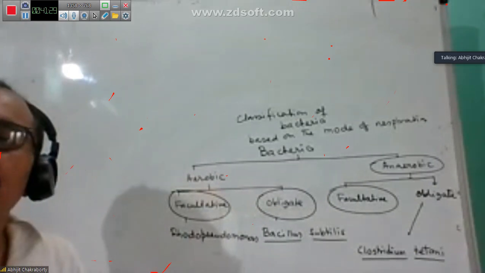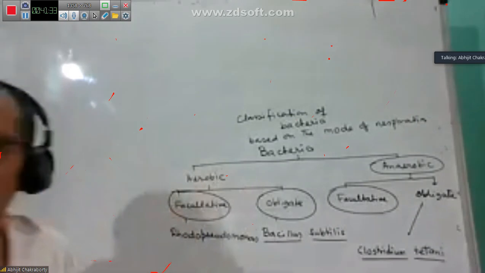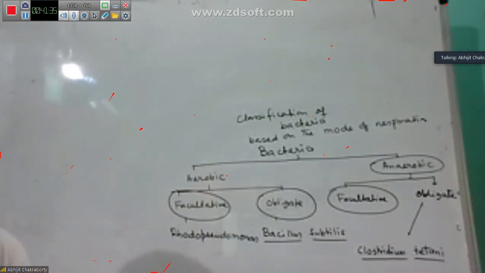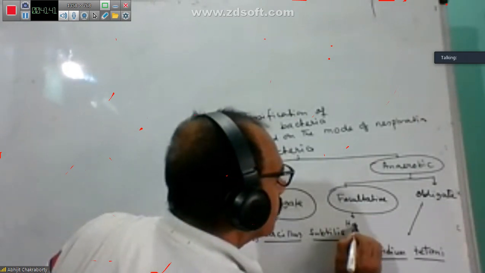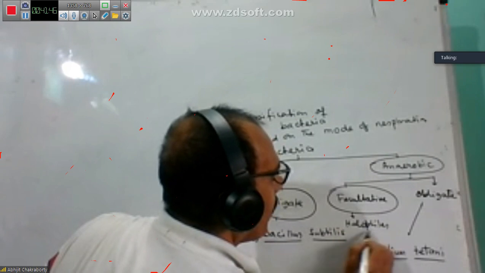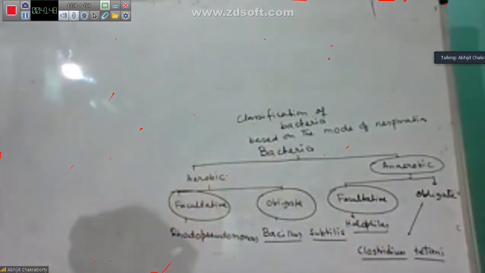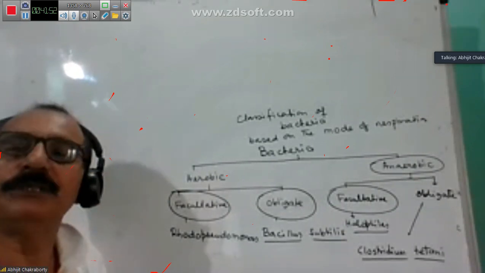They can survive in the presence of oxygen. But when oxygen is not available, they become anaerobic. So these are the classification of bacteria based on the mode of respiration.